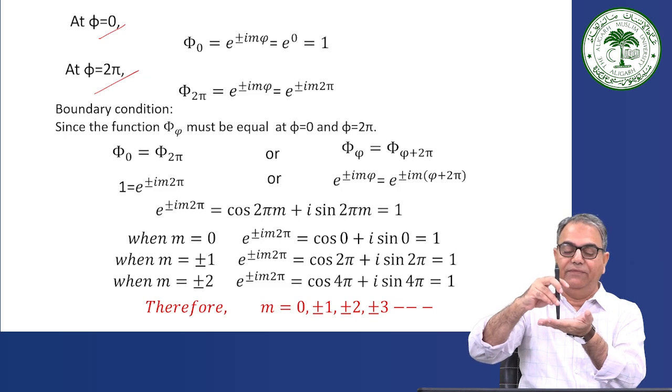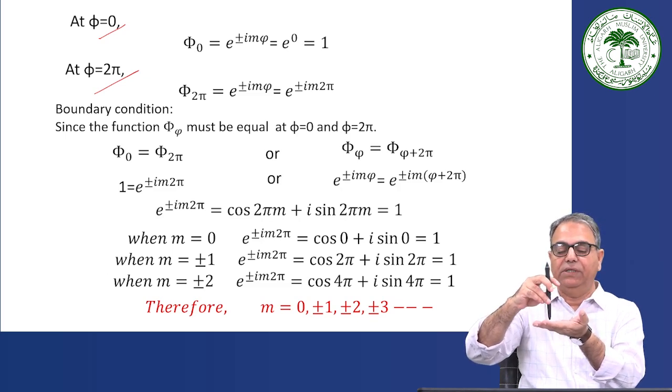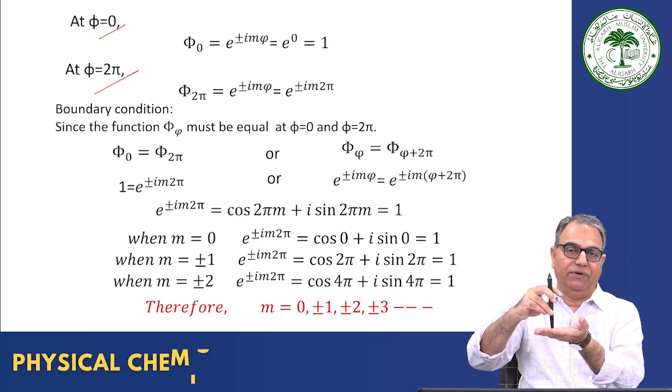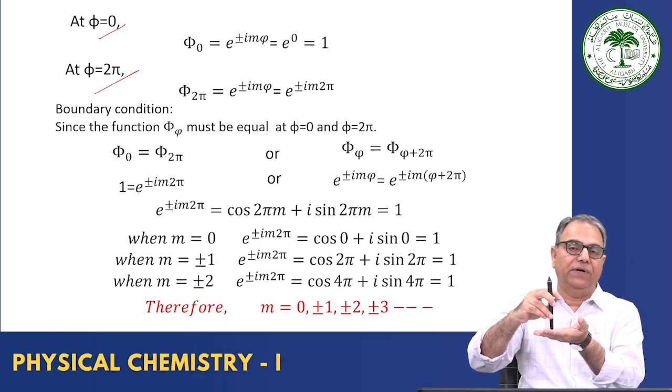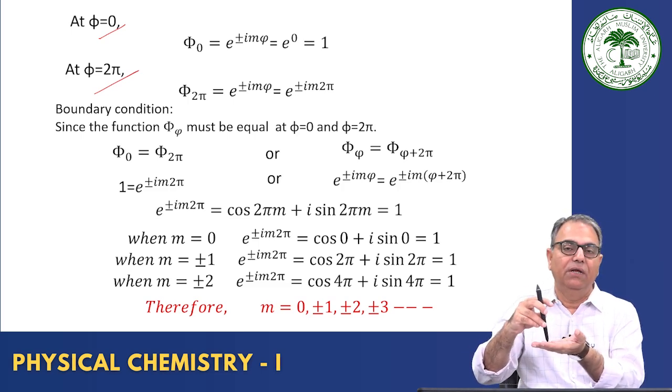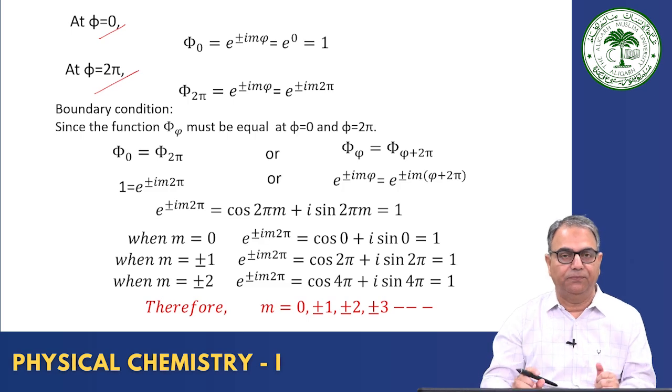So, whether you say phi is equal to 0 or phi is equal to 2 pi, in space you are at the same point on the x-axis. So, the value of the function should remain the same at phi is equal to 0 and phi is equal to 2 pi. Whatever the mathematical expression you get for phi is equal to 0 and phi is equal to 2 pi must have the same value. This is the boundary condition for the phi equation of the rigid rotor.